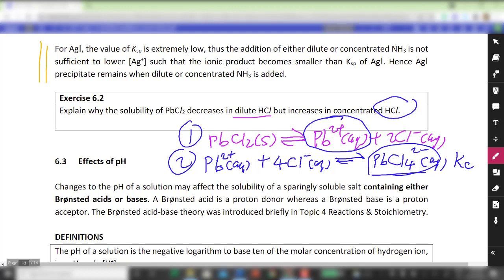Removing Pb2+ from equilibrium 1 will cause the POE of 1 to shift to the right, which is analogous to lead chloride being more soluble in the presence of concentrated hydrochloric acid. All this leads to the formation of the complex PbCl4 2-.